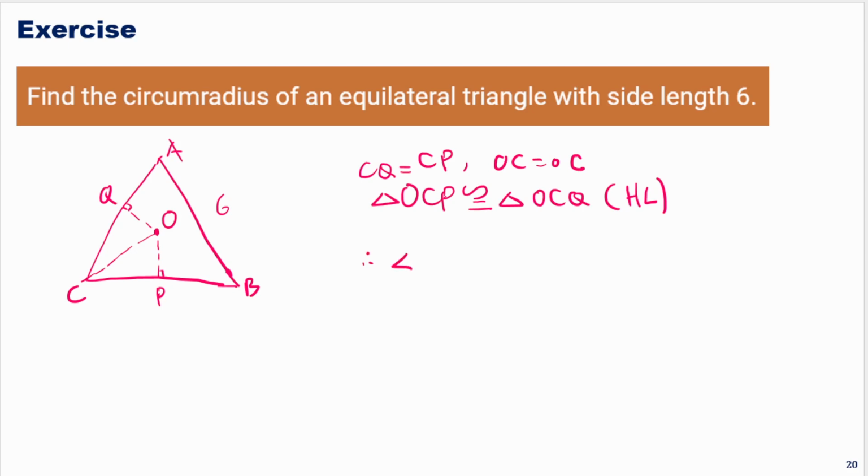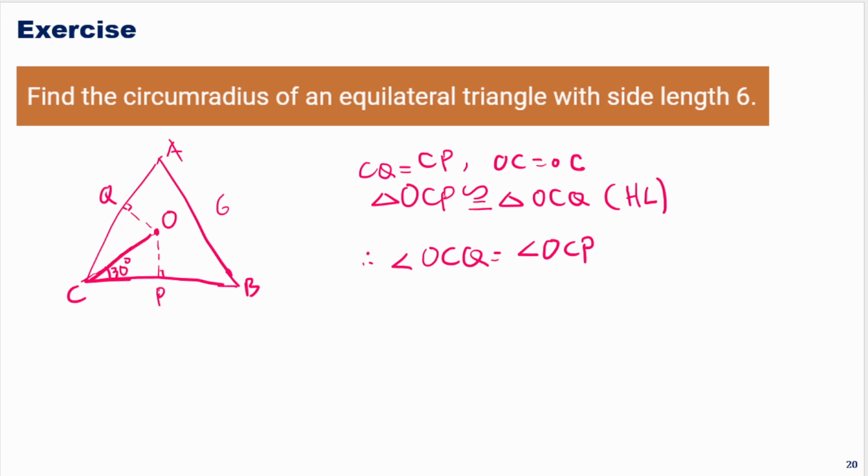Therefore, angle OCQ must equal angle OCP. So OC must bisect angle ACB. Hence OCP equals half of angle ACB, which is 30 degrees, right?